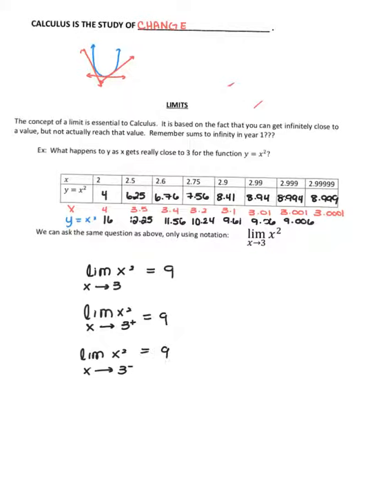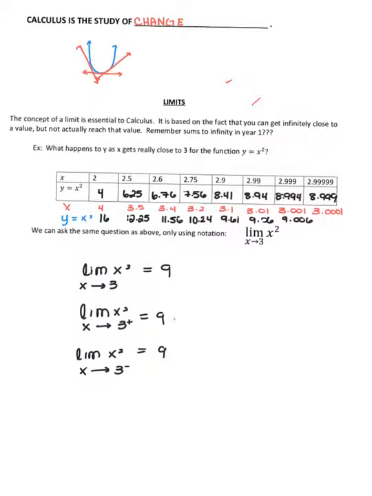If they are not the same, then your limit does not exist. So these have to be equal. And typically you can just write DNE for does not exist.